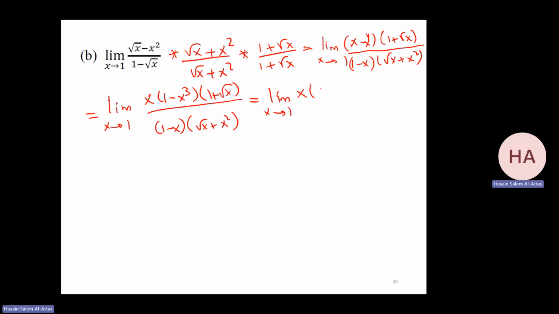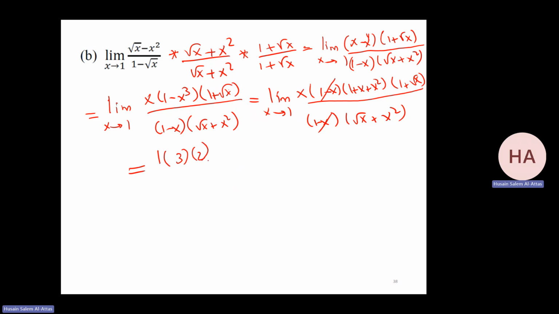I have a difference of 2 cubes, 1 minus x, 1 plus x squared. Don't forget anything. Very clear now what will happen. This will be cancelled and just substitute. You have 1 plus 1 plus 1, 3 over 2 over 2. The answer is 3.